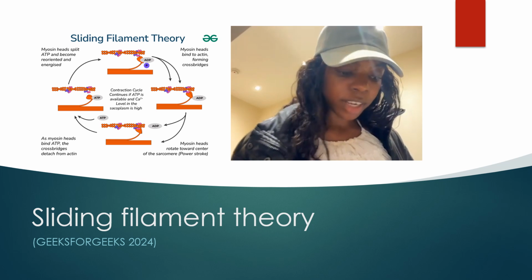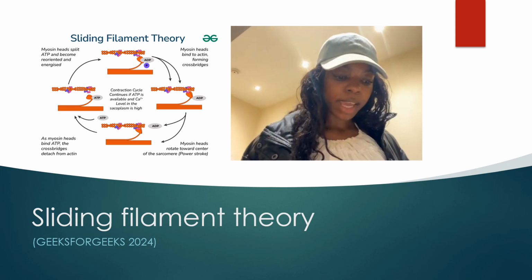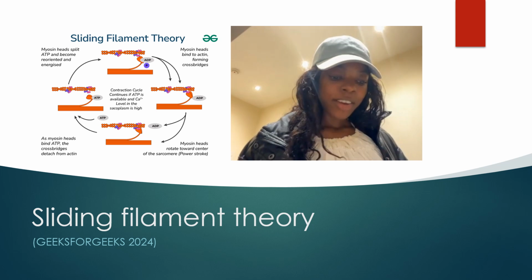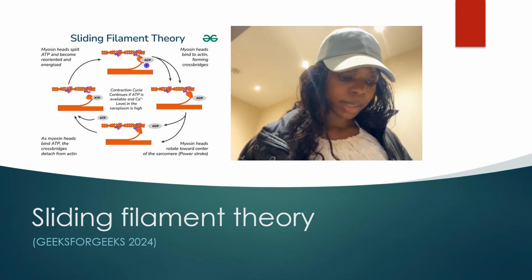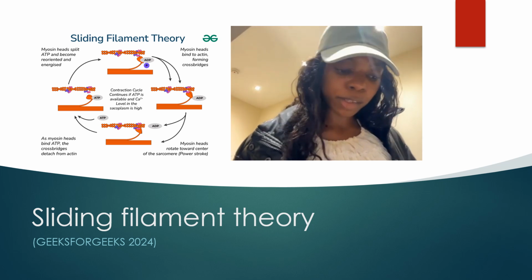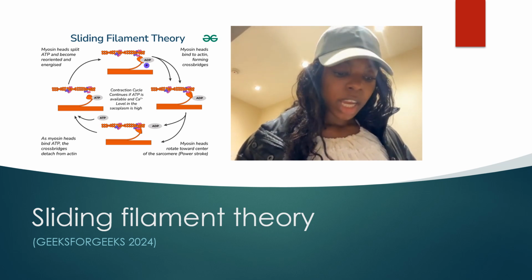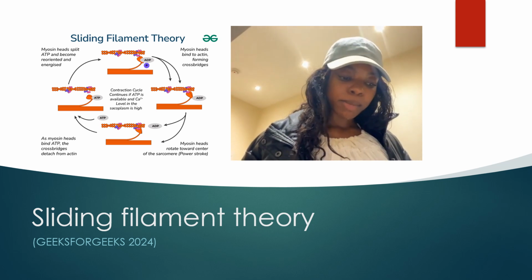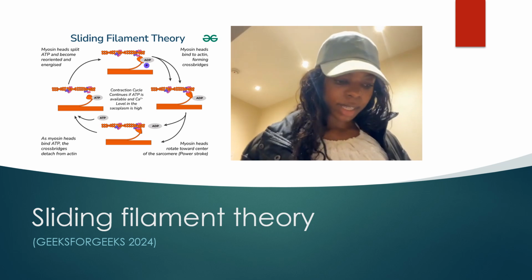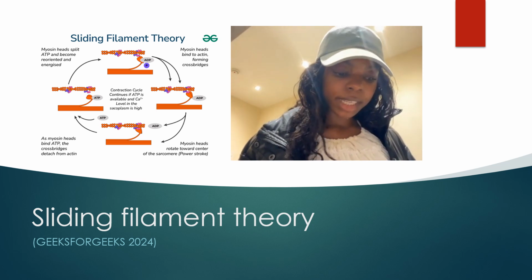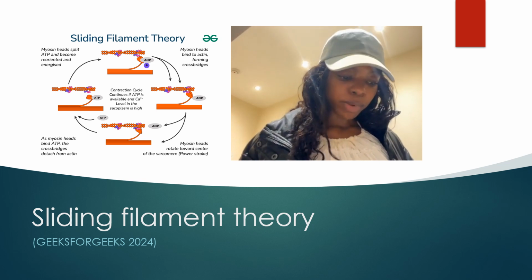It causes the release of calcium ions from the sarcoplasmic reticulum into the sarcoplasm. Calcium ions bind to troponin, causing tropomyosin to move. It exposes the myosin binding sites of actin. Myosin heads then bind to these sites and form cross bridges.